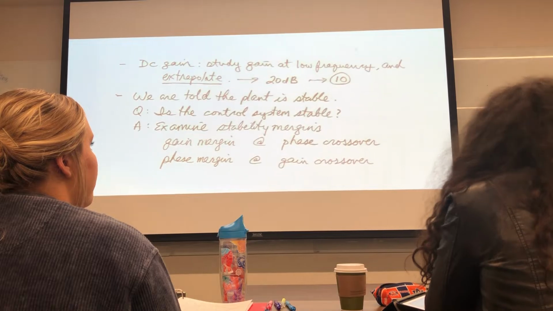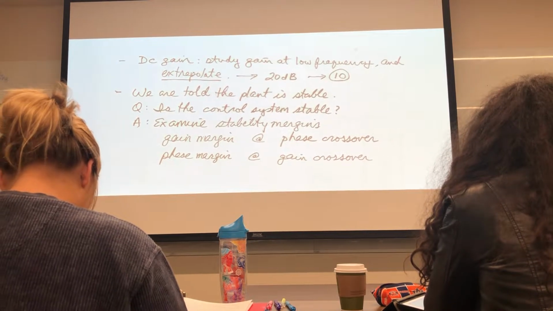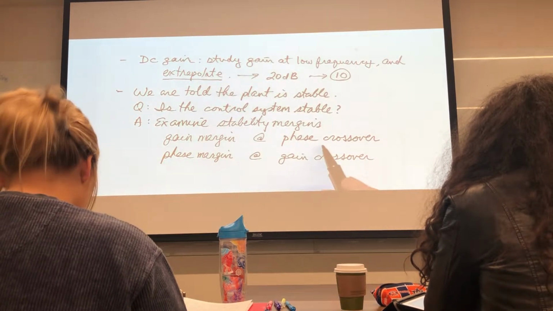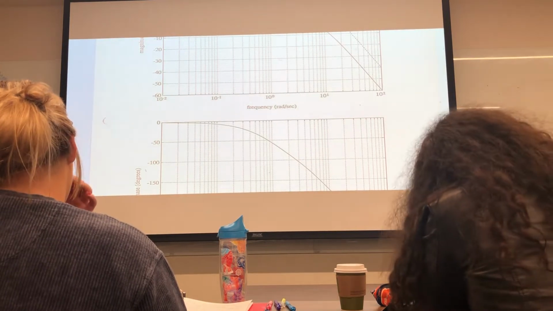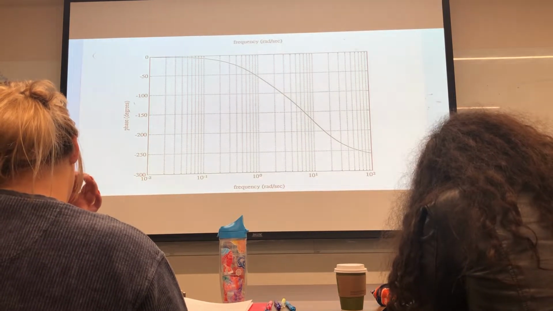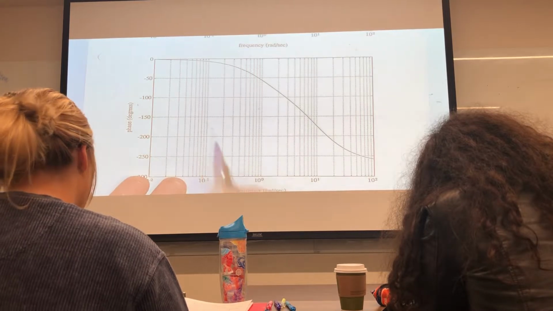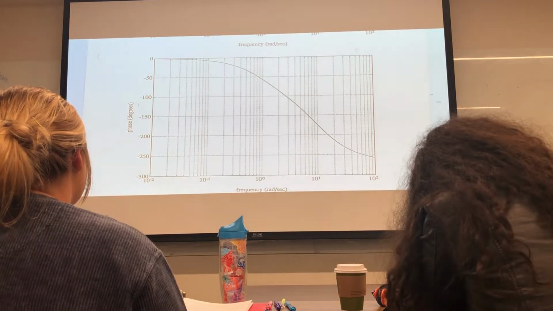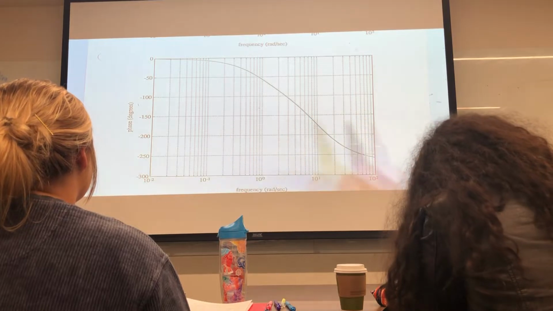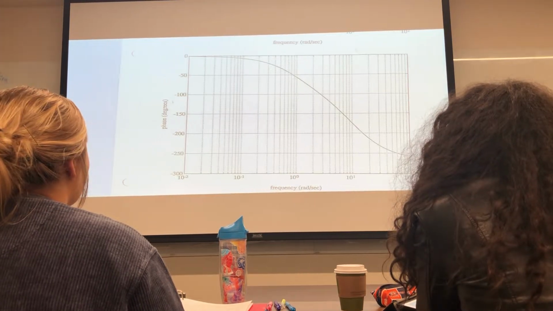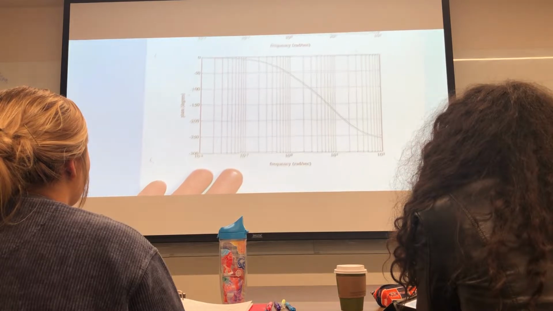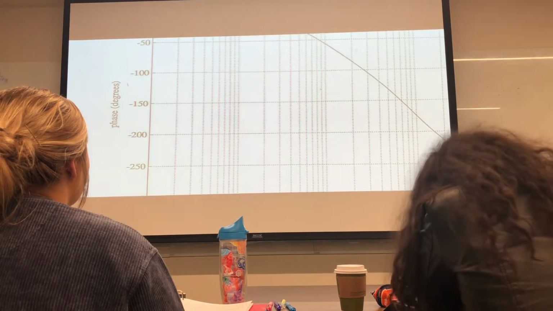And that was kind of the review on Friday. So let's take a look at this. Let's find the phase crossover. Phase crossover is where the phase crosses over a particular line. See all these horizontal lines? It's got to cross over 180. So we have to take a look at this diagram and figure out where 180 is.